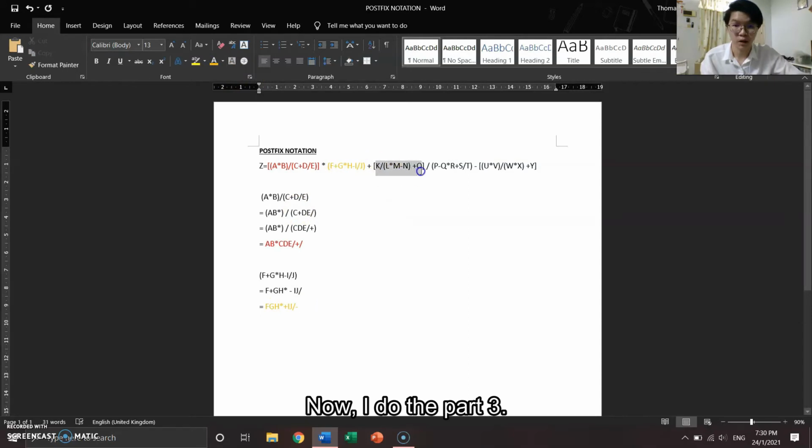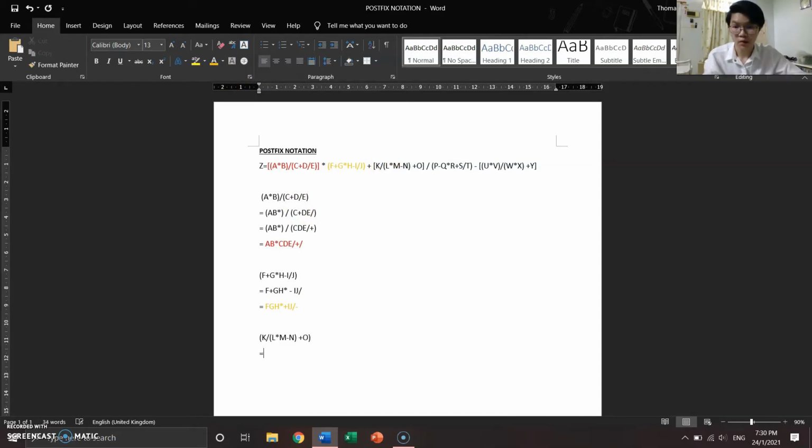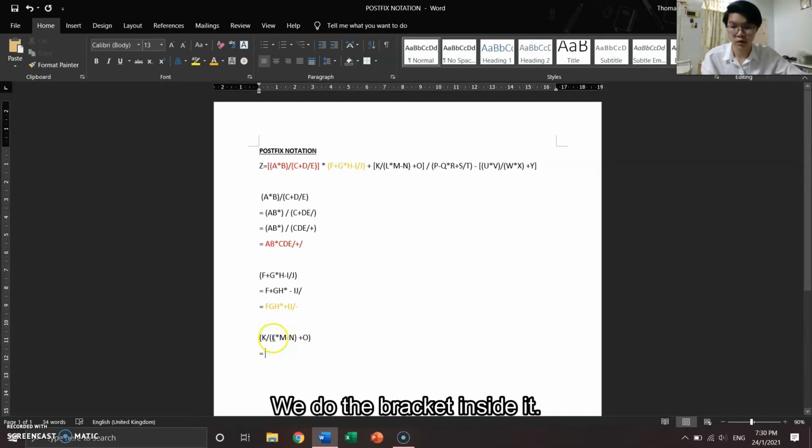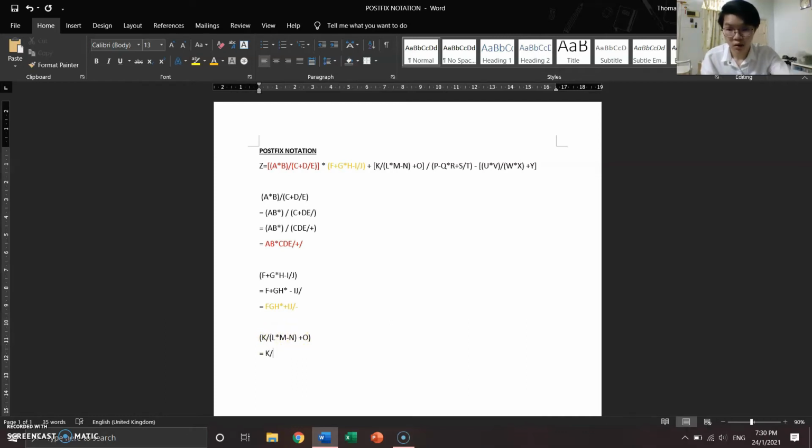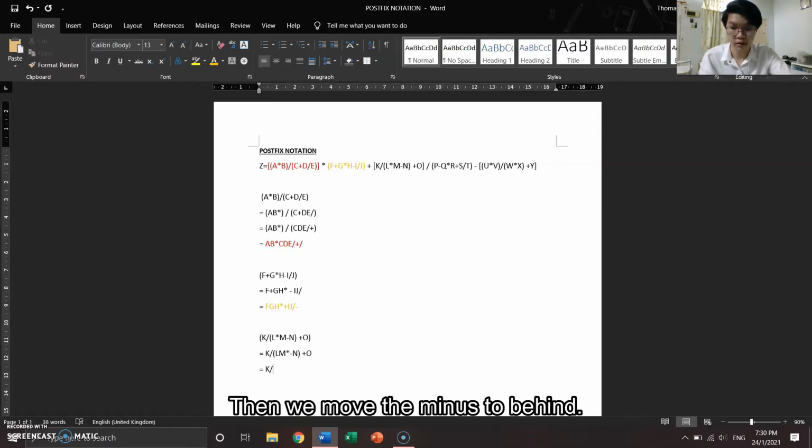Okay, now I do part 3. We do the inside of the bracket. Multiply moves to behind, minus remains. Then we move the minus to behind.